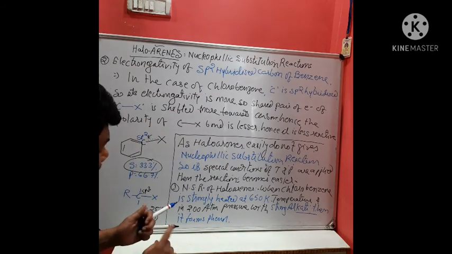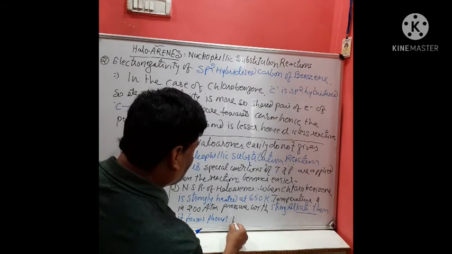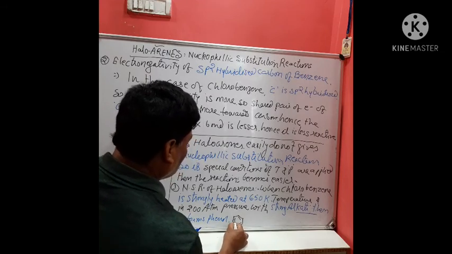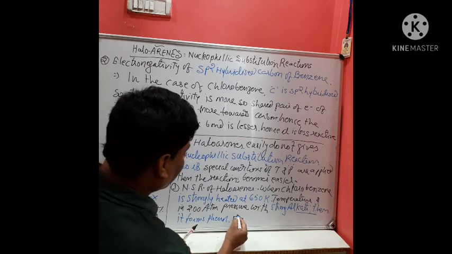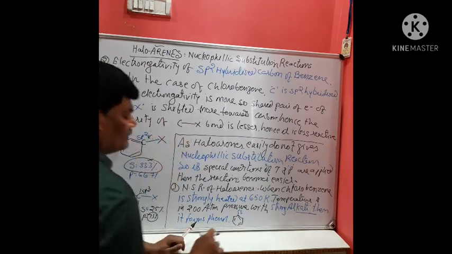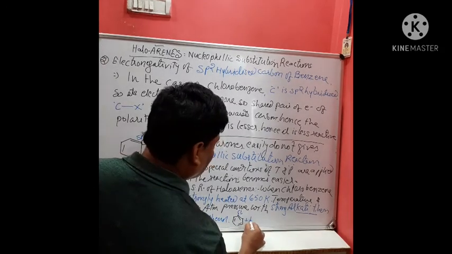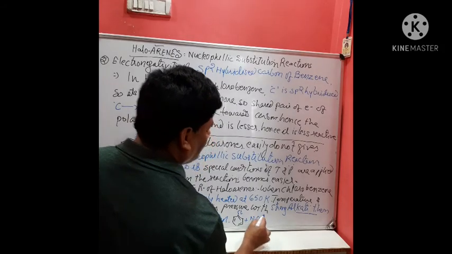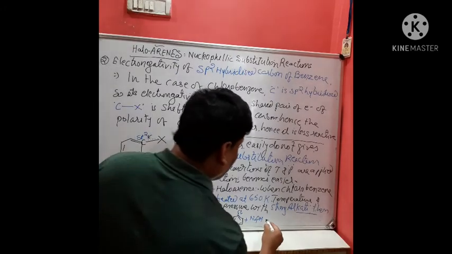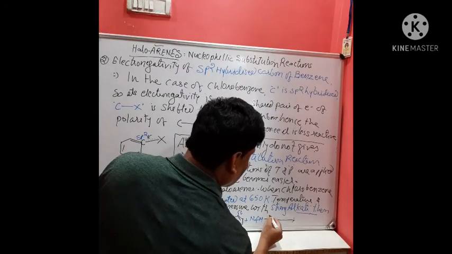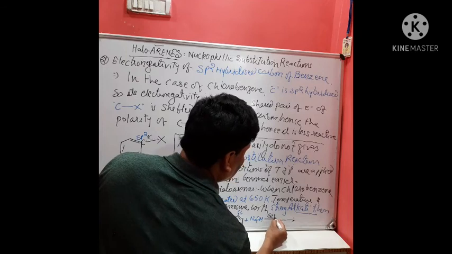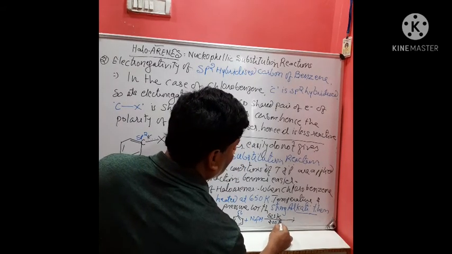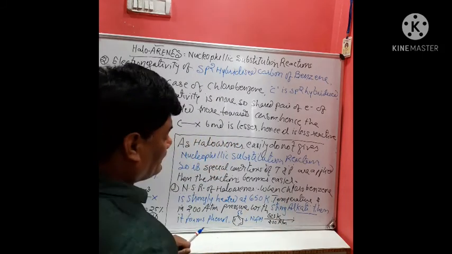Now you take the example of chlorobenzene, reacted with strong alkali like sodium hydroxide or potassium hydroxide. They are called strong reagents. And the condition is 623 Kelvin temperature and 200 to 300 atmospheric pressure.